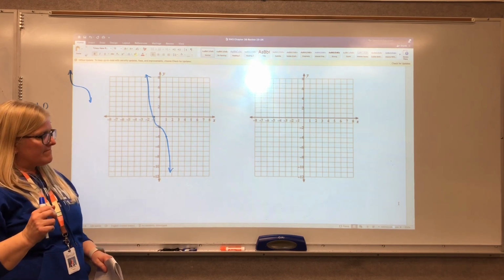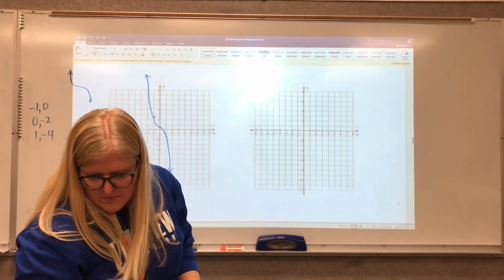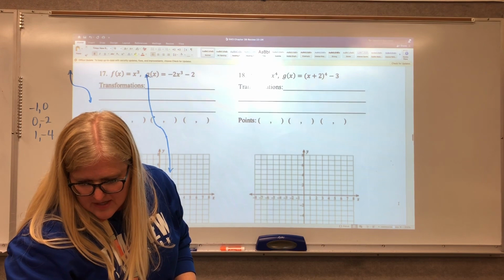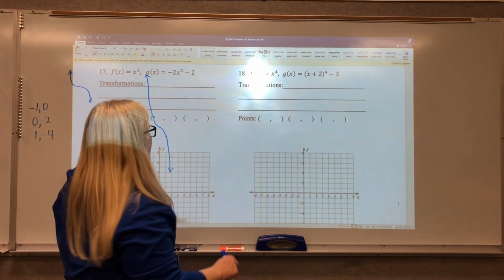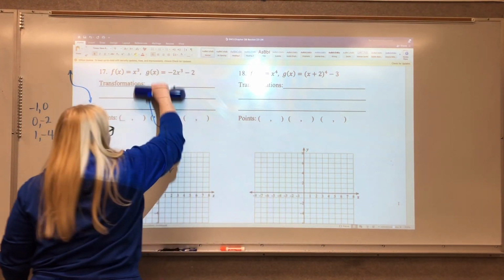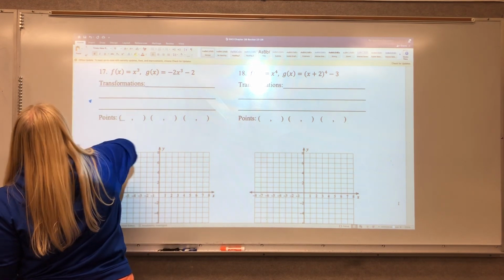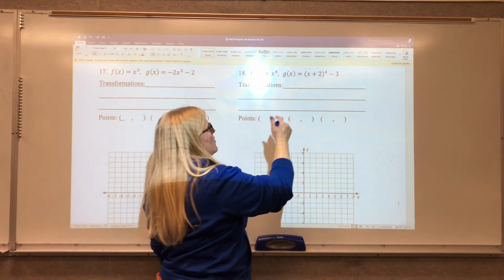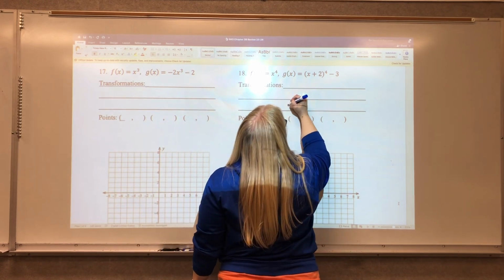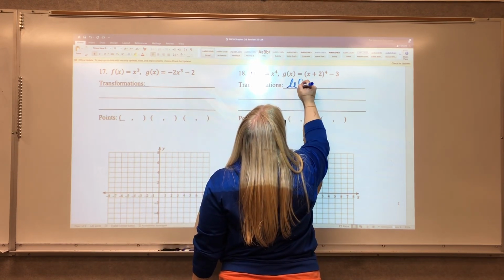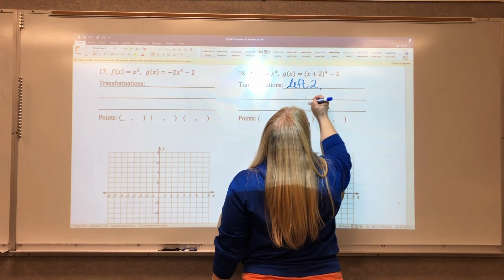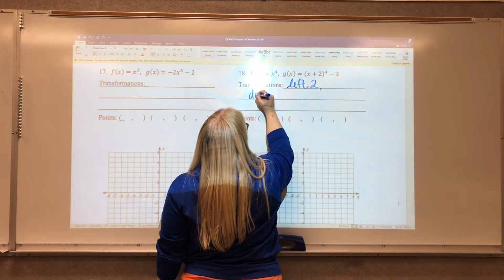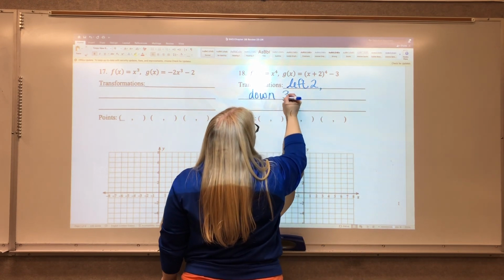Okay. All right, number 18. So we've got x to the 4th, so it looks like a flattened out parabola. And this one is just translations, right? We're moving left 2 and down 3.